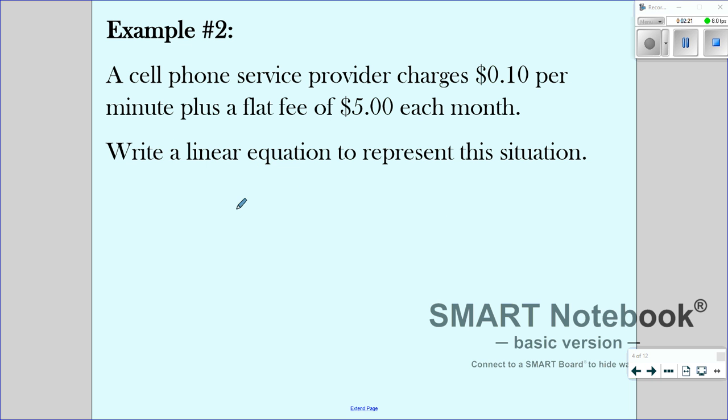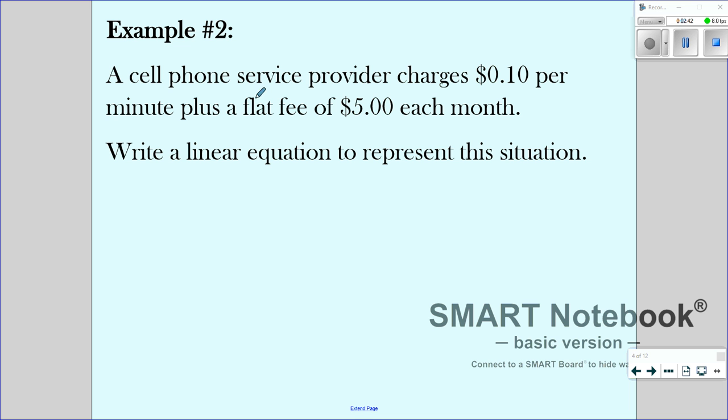Okay, next one. With a word problem, it says a cell phone service provider charged 10 cents per minute plus a flat fee of $5 each month. Write a linear equation to represent the situation. So we have to find our m, we have to find our b.